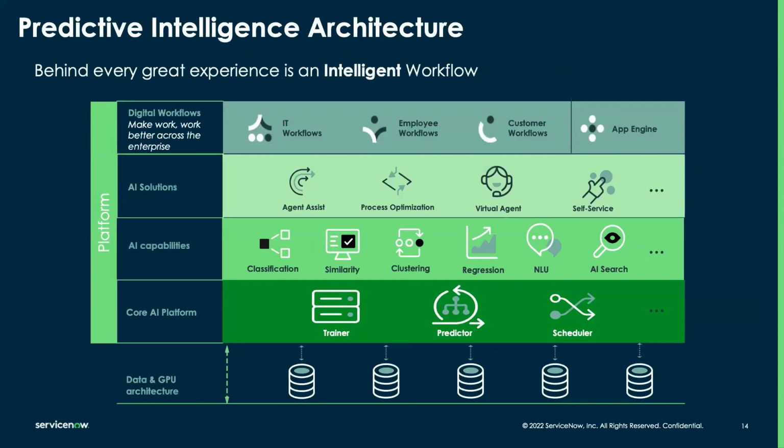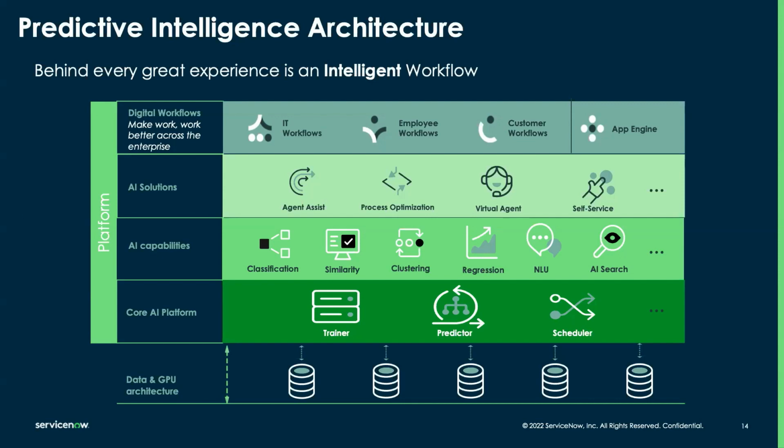All right. So I think I mentioned before, AI is an in-platform capability. The AI capabilities are classification, similarity, clustering, regression, and natural language understanding in our search. We use those capabilities in our AI-powered solutions. So you'll see that if you're using Agent Workspace, there's an Agent Assist capability, which allows you to help agents solve problems faster. So that's using those AI capabilities.